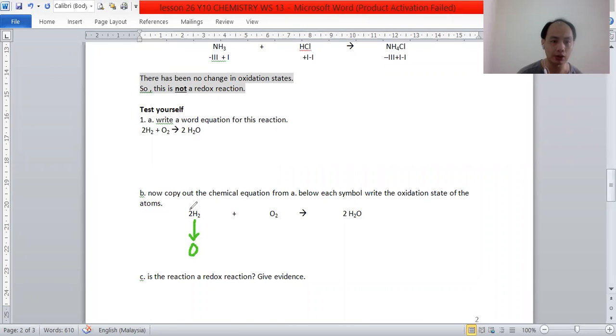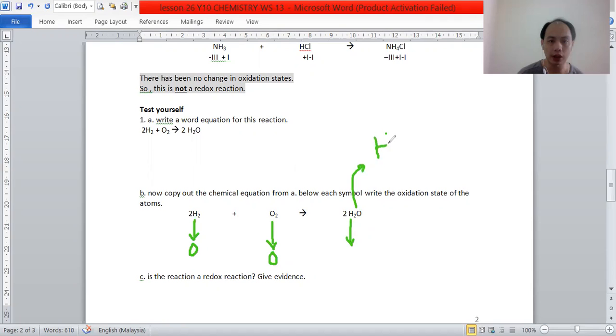You don't care about the number for balancing, 2 or 1 or how many atoms. You just look at the element itself alone. This oxygen is also zero because it's neutral. But when it becomes a compound, H2O is a compound because it has different elements.